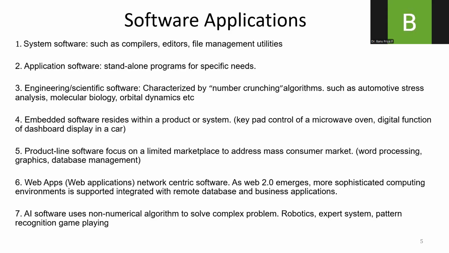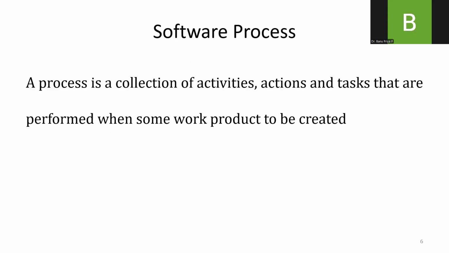That is, even after Web 2.0 has emerged, it has become completely sophisticated with computing environments, which are supported by remote databases and business applications. Finally, there is the AI-based software, which solves complex problems like robotics, expert systems, and pattern recognition, and is even used for gameplay.